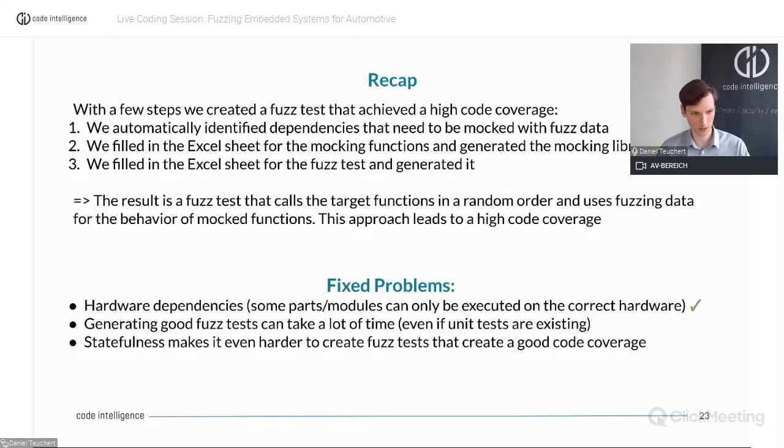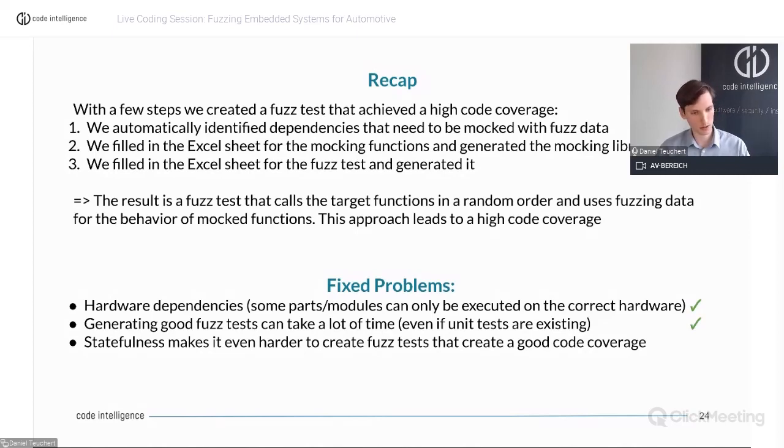So we fixed this. Also, we did not have to create fuzz tests for all the functions manually, but as you saw, we just had to fill out this one Excel sheet for all the functions and the input parameters that they require. And from this, we were able to generate a fuzz test that tests all of our functions.